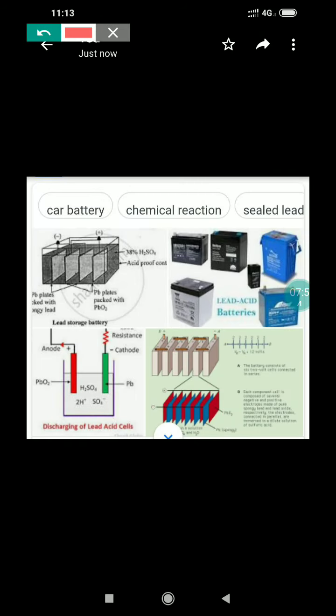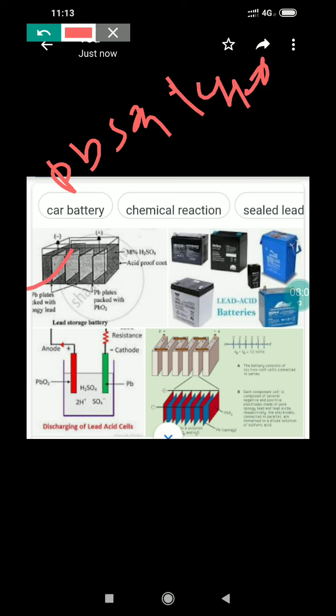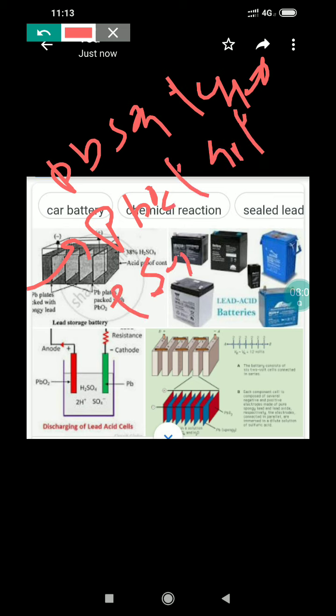Okay, so at the anode the reaction is PbSO4 plus 2H2O giving you PbO2 plus 4H+ plus SO4 2- plus 2 electrons, which is just the opposite of the reduction reaction of the electrode that takes place during discharging.